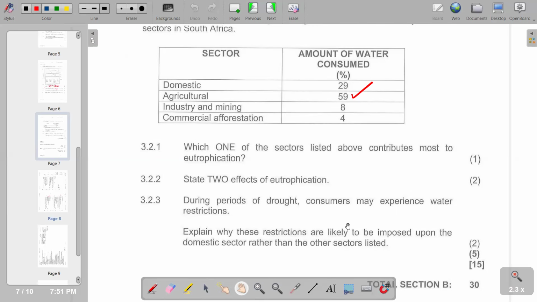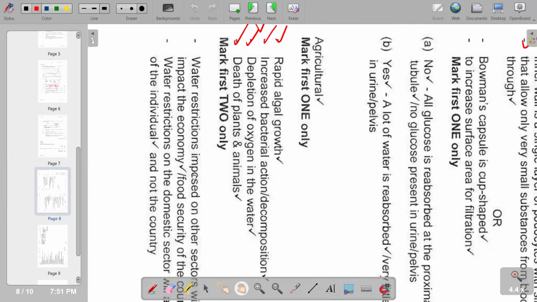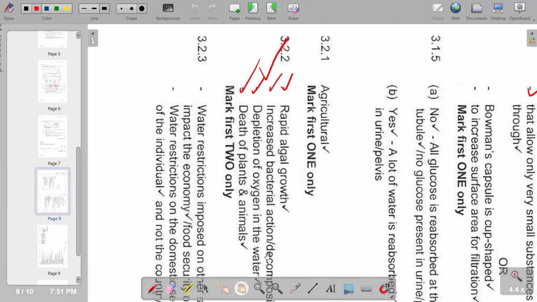Also, water restrictions on the domestic sector will affect the life of the individual, not the country. If they are imposed on other sectors, they are going to affect the whole country, so it becomes a macroeconomic problem. That's why we have such a scenario. Those reasons are also stated on this part.